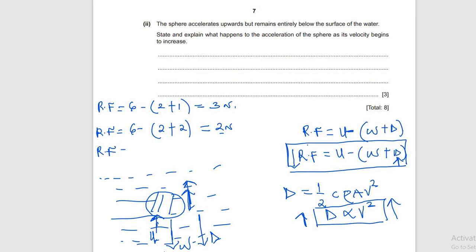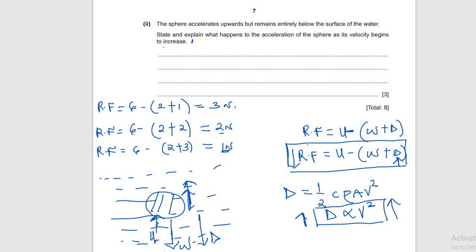Let's confirm one more value. Now the drag force has increased to 3. What will be the resultant? 1 Newton. You can see now, as the drag force increases, resultant force decreases. Since according to Newton's second law of motion, if resultant force decreases, acceleration also decreases.